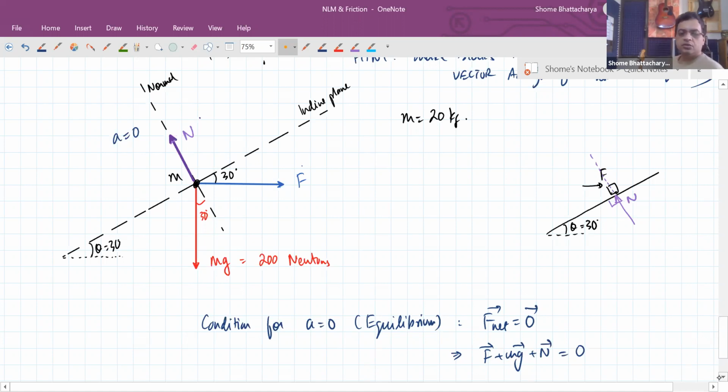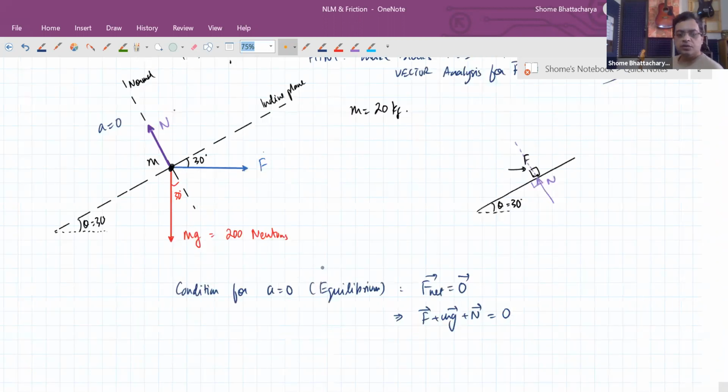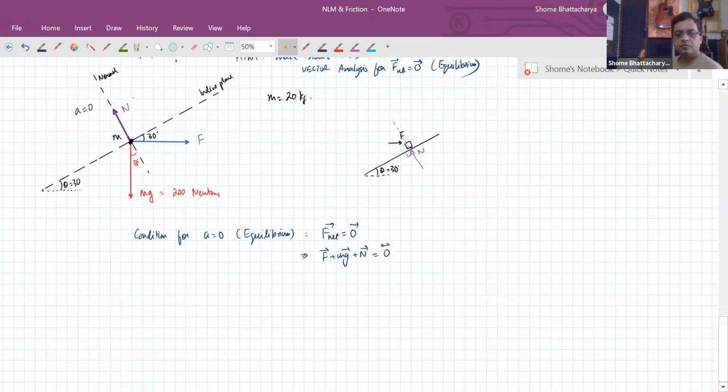Let's look at that. So the easiest way to implement this will be what we call Lami's theorem, okay, or the equivalent of the sine rule. So it's equilibrium of three forces. Okay. So for that we can always use the sine rule of a triangle, or what we call Lami's theorem.